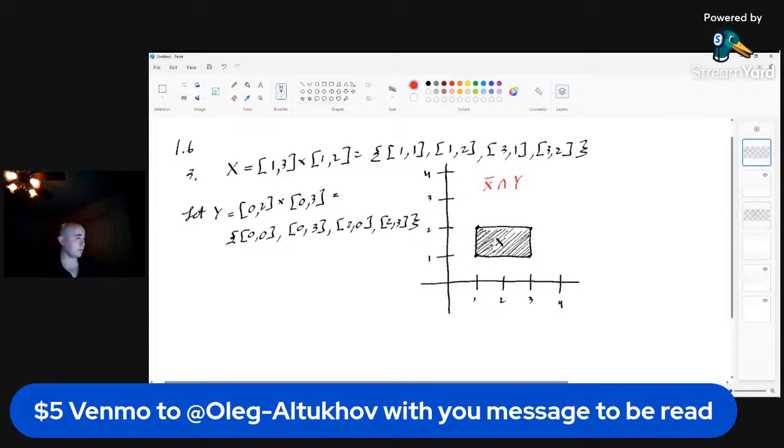So where do they intersect? Well, I have to mark this, but it cannot be inside the X box. Okay, 0 and 3. And then X equals 2, Y equals 0. Okay, there we go. X equals 2, Y equals 3.